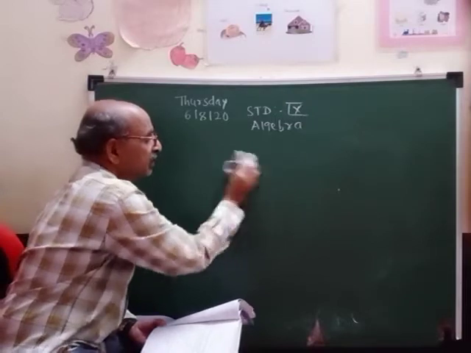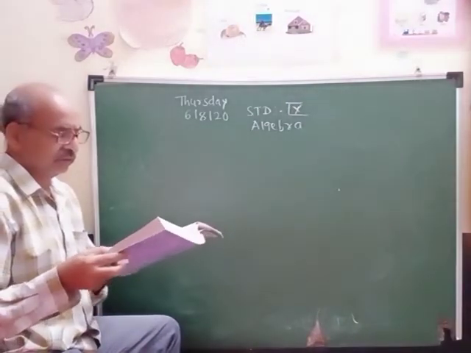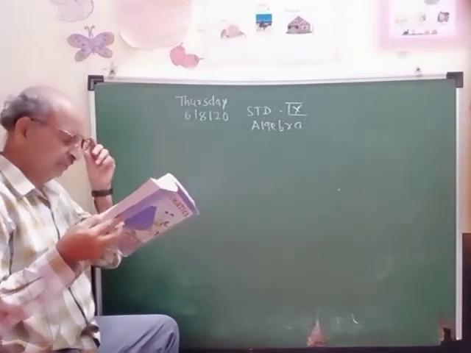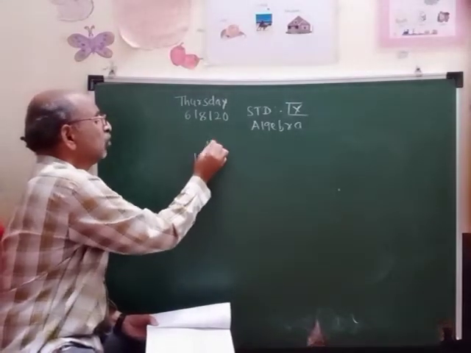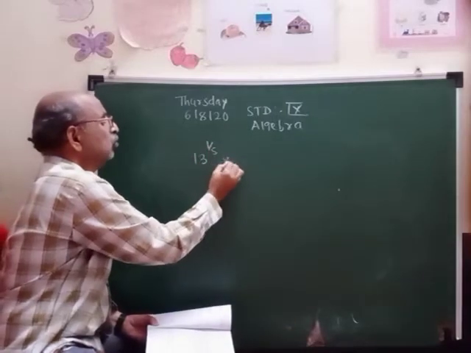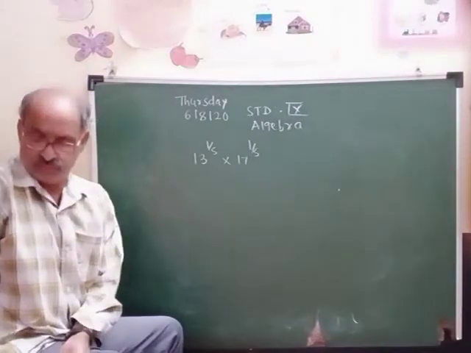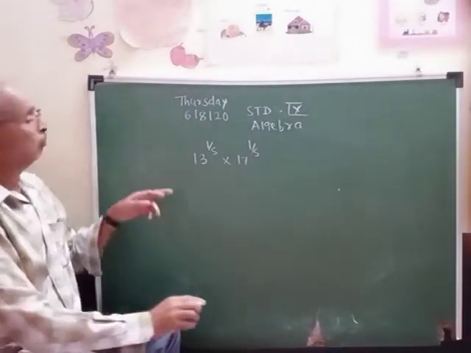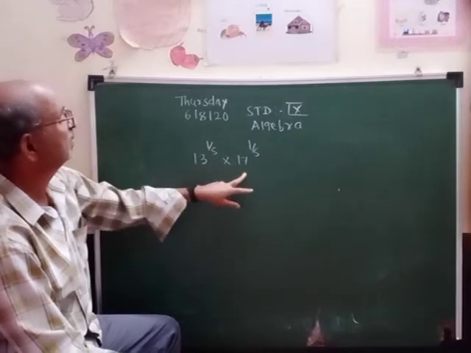Now we see the next example: 13 raised to 1 upon 5 into 17 raised to 1 upon 5. Now here it is multiplication, but the base is not same.